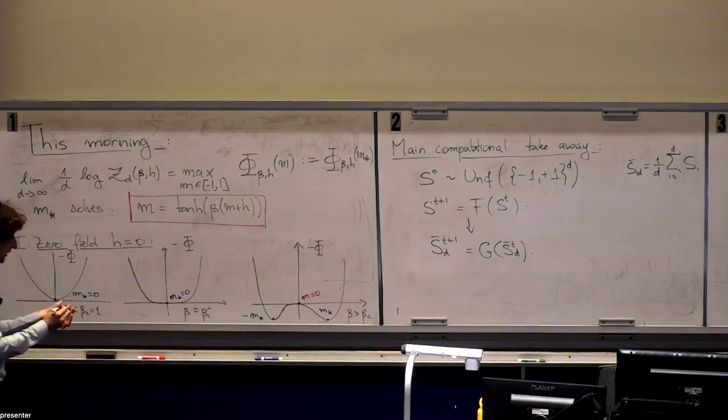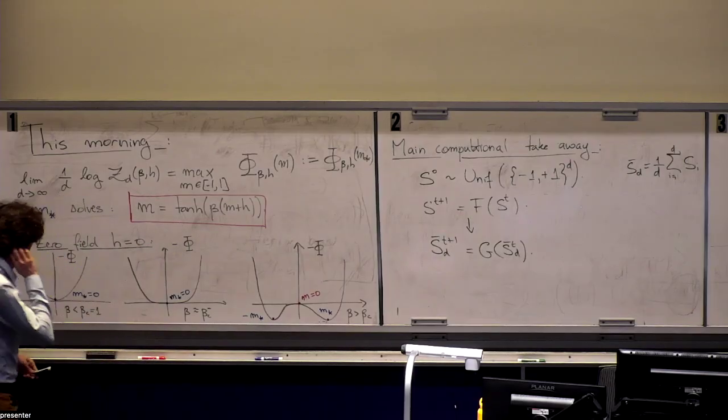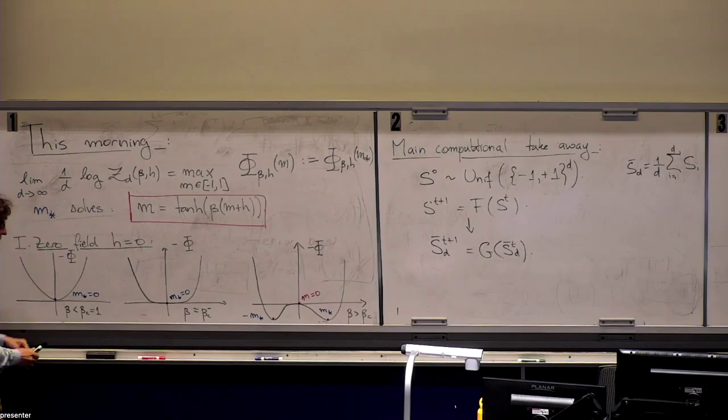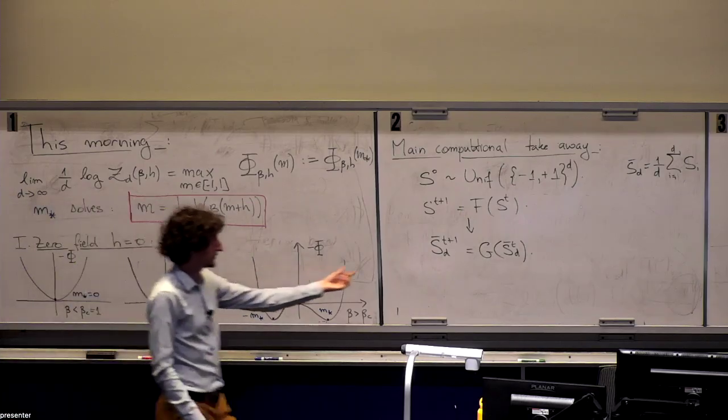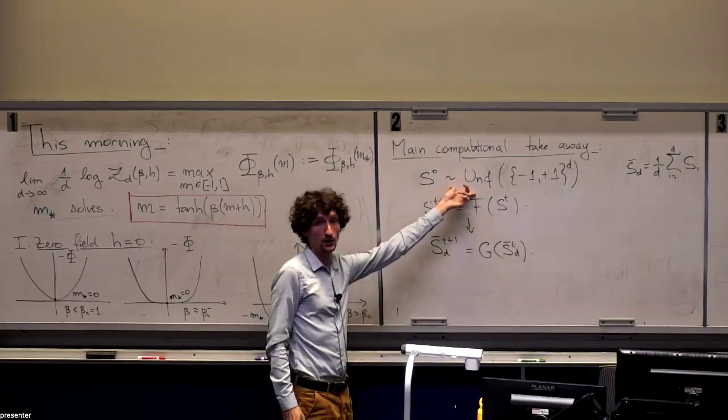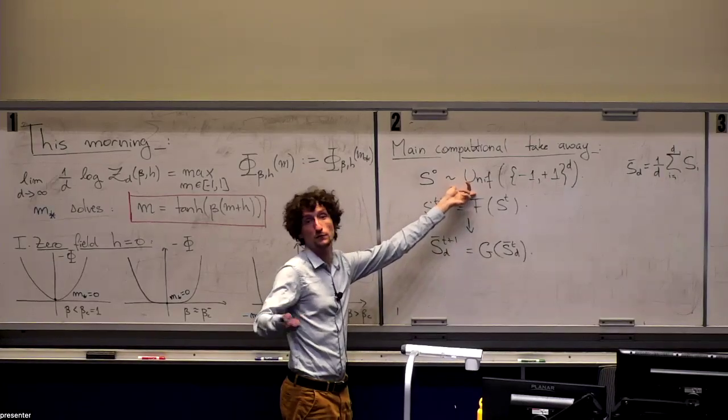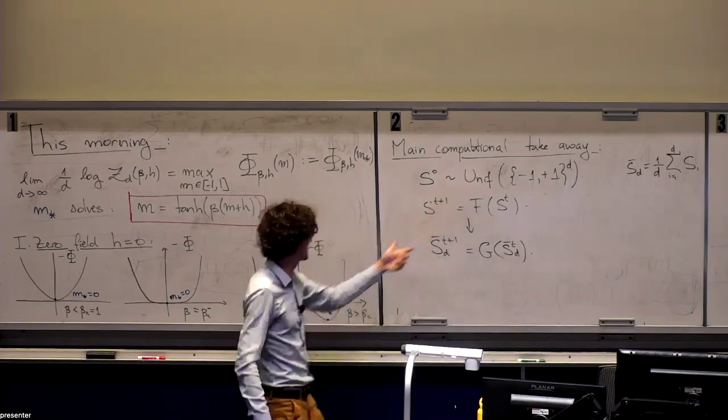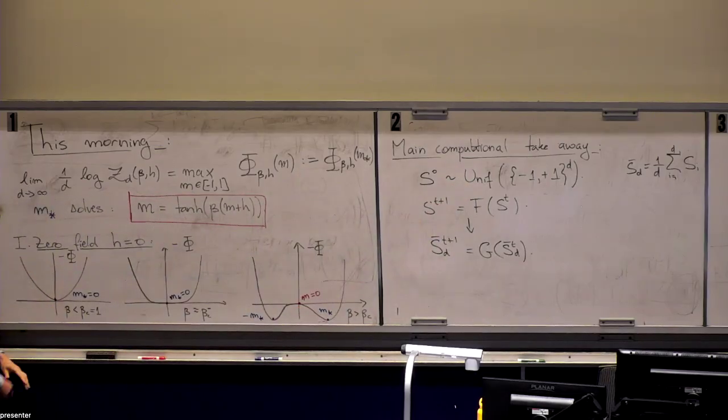And so what this phase transition means for this algorithm is that initially, at your initial state, you're going to be close to 0, right? Because the average magnetization of the uniform configuration is around 0 with a fluctuation of order 1 over square root of d. And then you would go down in energy. So if you are in the paramagnetic state, that's easy.